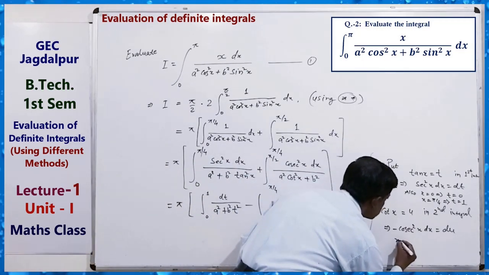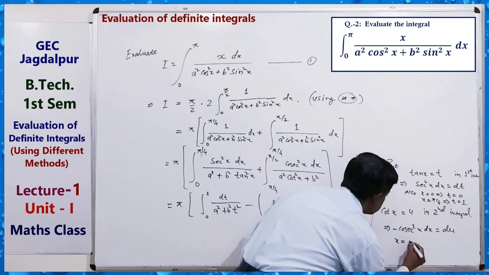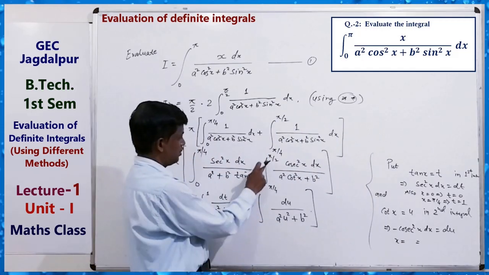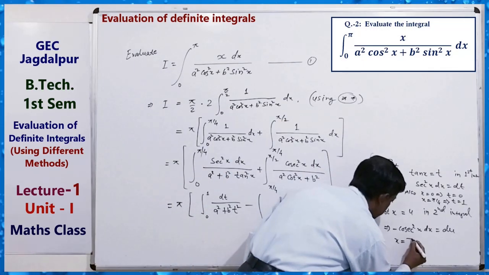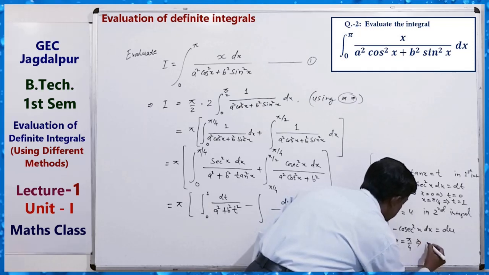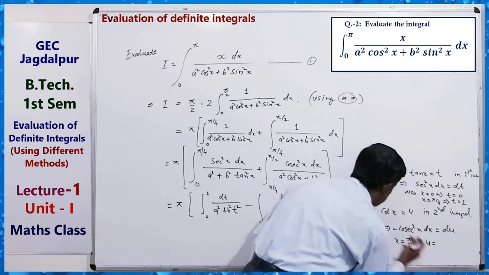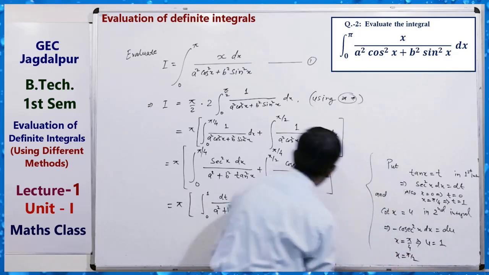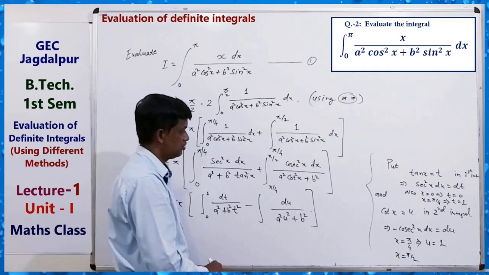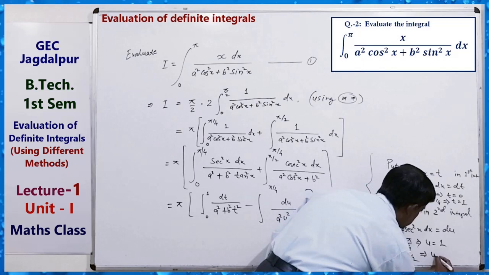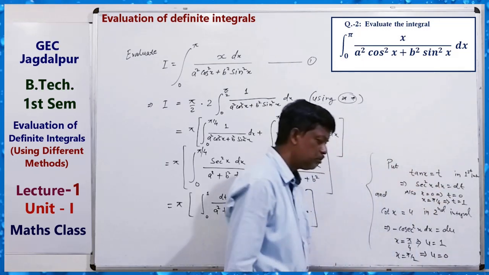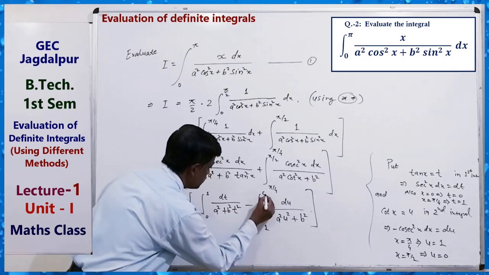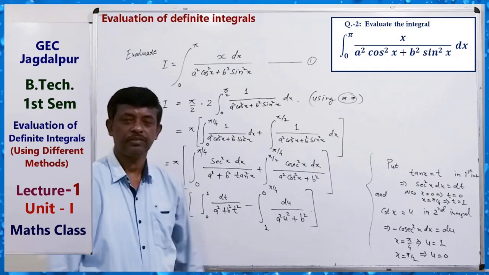Here x equals pi by 4 implies u equals 1, and x equals pi by 2 gives u equals 0. So minus, with limit 1 to 0.